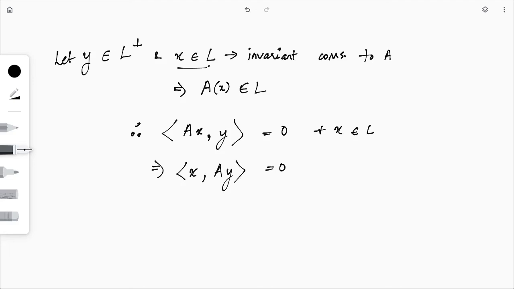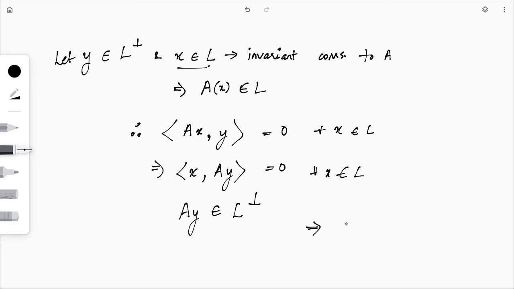So I can say that Ay is an element of L orthogonal. Why? This is true for every x, right? So for every element x in L, the inner product of x and Ay is always 0. That means Ay is an element of L orthogonal. So y was an arbitrary element of L orthogonal, and I got A of y to be an element of L orthogonal.